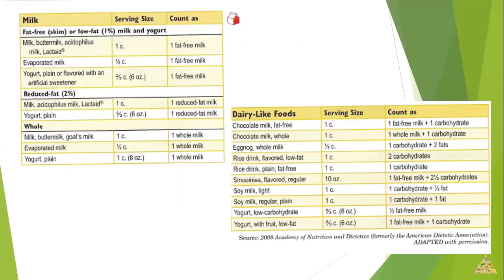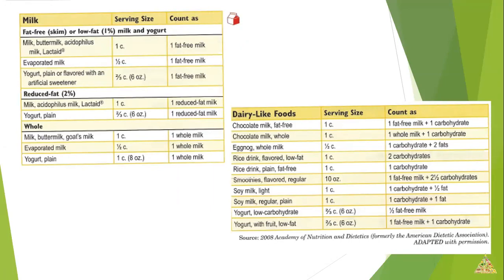All right, here's some different exchanges. If you don't like a certain type, they have chocolate milk over here. But you would count 1 milk plus 1 carb. Eggnog. You got Christmas coming up, so a half a cup, you would count 1 carb plus 2 fats. Soy milk is 1 carb plus a half a fat.